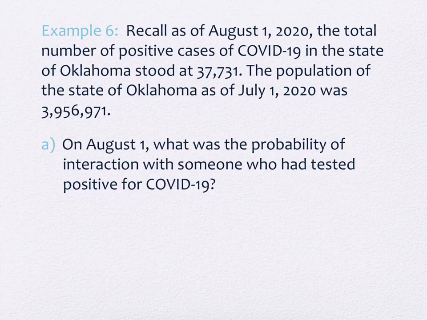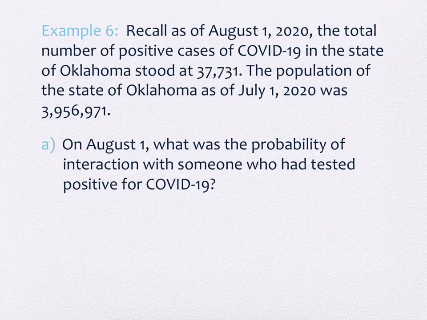Population of July 1st, again, I wish they were the same date, but they're not, was 3,956,371. So on August 1st, what was the probability that if you interacted with someone, you were interacting with someone who at some point had tested positive for COVID?